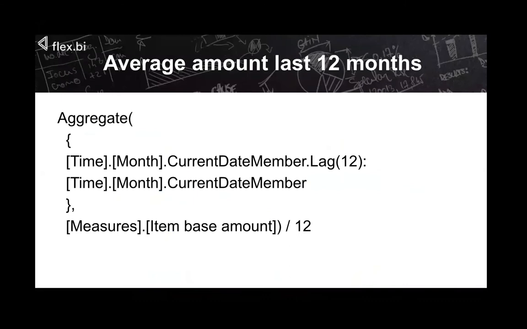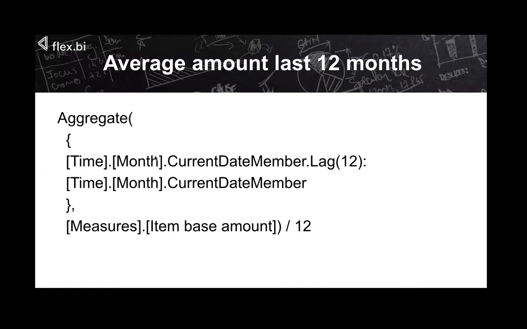Here you can see an example of how it could be used. And in this example, I'm going to explain how it works, is that this function would return the average amount from the last 12 months. And the way it is done is by making a set starting from 12 months ago.